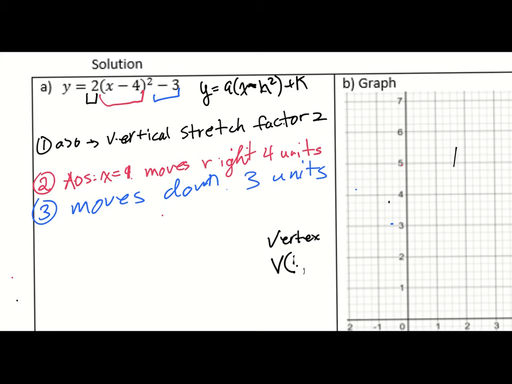So that means for this parabola, in our vertex, basically we got from the axis of symmetry, from the concept of moving right 4 units, a 4 for the first part of the vertex.